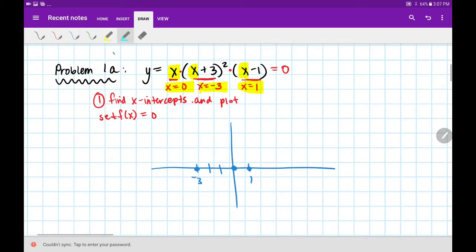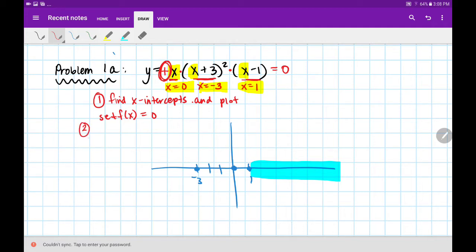Okay, so first, we're always going to start at the rightmost side. So to determine if we're above the axis, like this, or below the axis, like this, we're going to look at the sign out in front. Okay, what's the sign there? Well, if you don't see a negative, that means it's automatically positive.